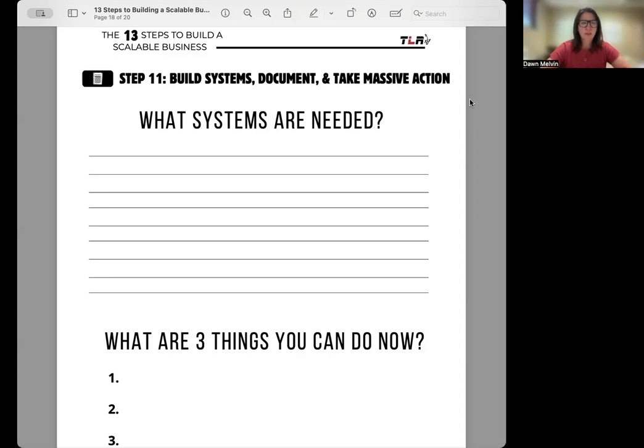A system could be a procedure or a process or the way that you fulfill a task, if you will. Now that you've gone through steps 1 through 10, we can identify what those systems are, document them, and then take action.